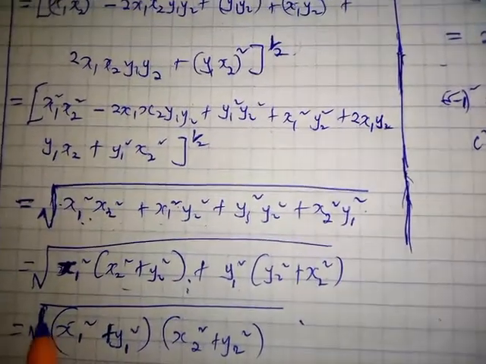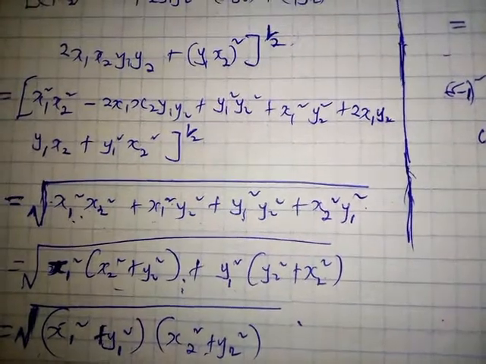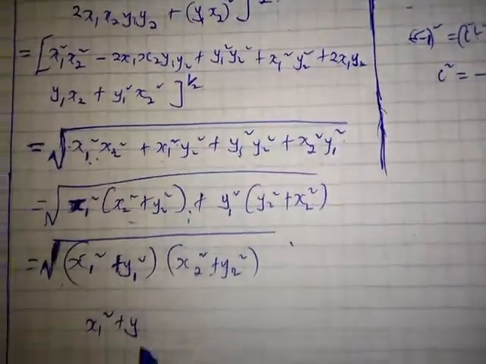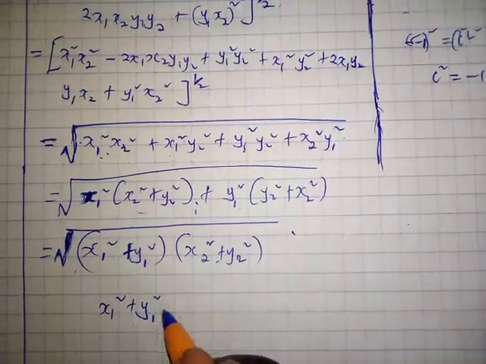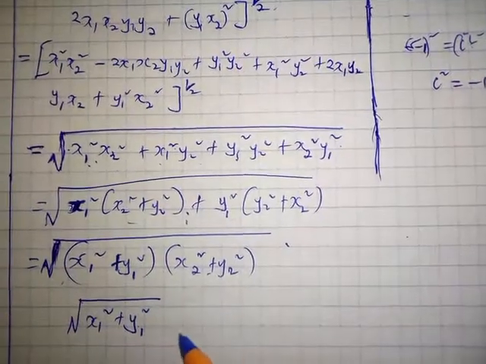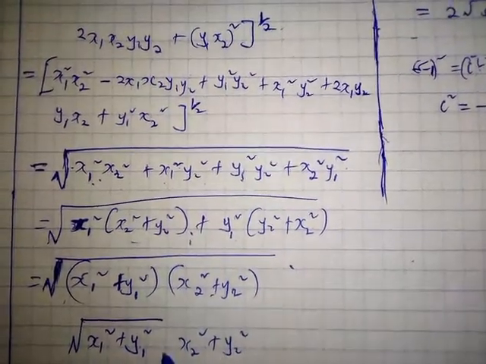So at this point we can confidently separate the two, so that we have the square root of x1 squared plus y1 squared times the square root of x2 squared plus y2 squared.